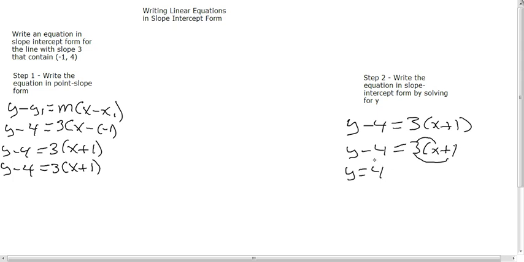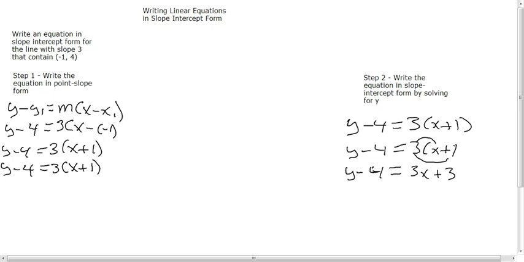I'm sorry, mistake in the making. So let's take this equal off and make that what it's supposed to be, which is y minus 4, and that's going to equal 3x plus 3.